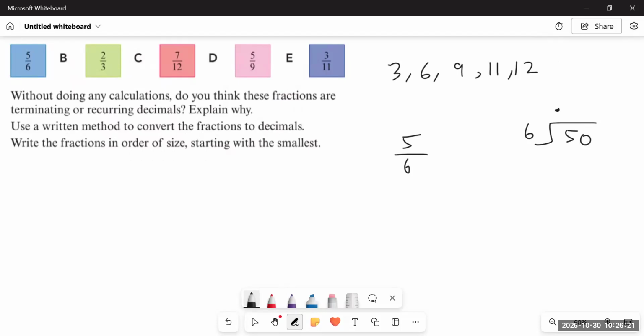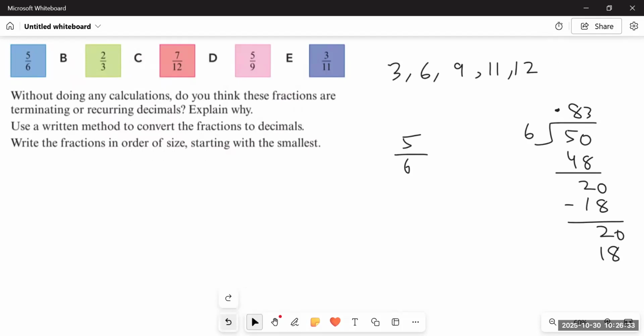So 6 8s are 48. Here comes 2 down. The 0, 6 3s are 18. And this will go on. Every time we'll get 2 as the remainder. We will then put a 0 with it. It becomes 20. Then multiply 6 with 3 and it becomes 18. So it's 0.83. We'll put a bar over 3, which shows that it's a recurring decimal.